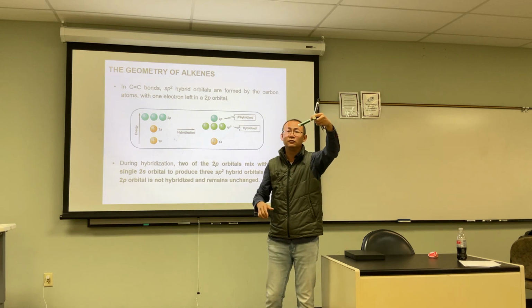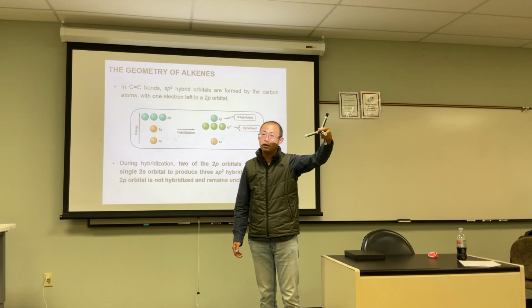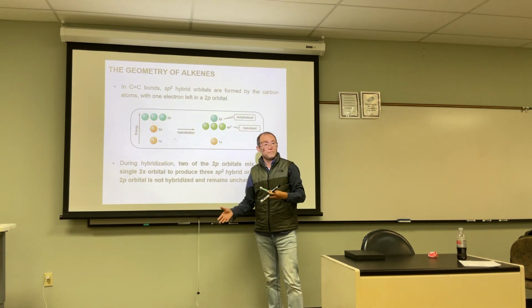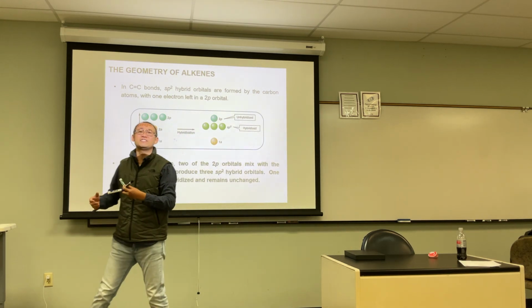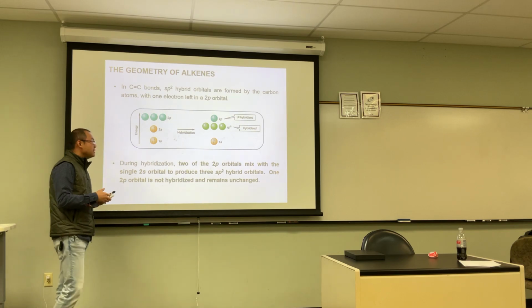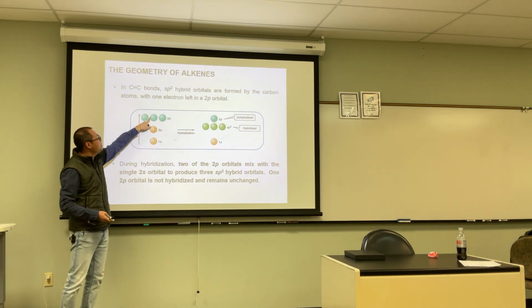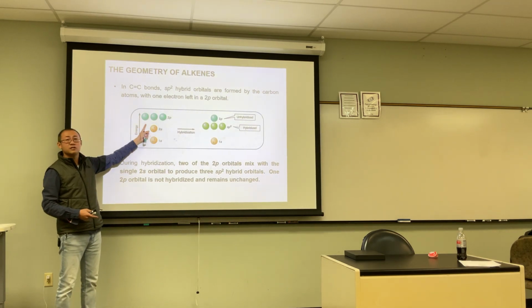Okay, that's what each carbon looks like most of the time, if not involved in double bonds or triple bonds. Now, carbons that are involved in double bonds take a slightly different type of hybridization. This is a carbon. These are the bonding orbitals involved in chemical bonding. There are 4 electrons.